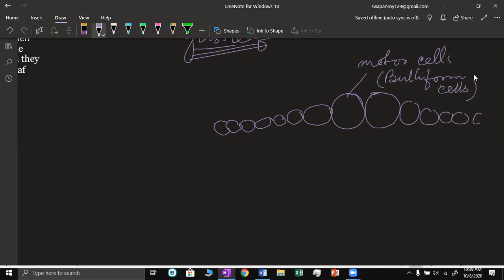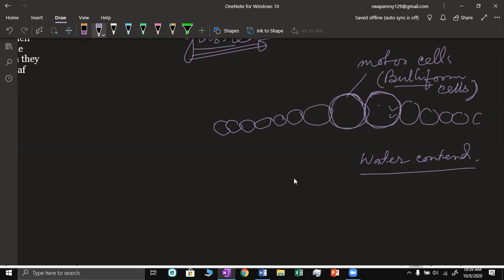Bulliform cells are very sensitive to water content. So when they have enough moisture, these cells are turgid, fully swollen.